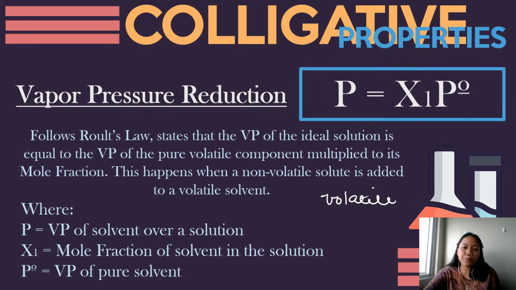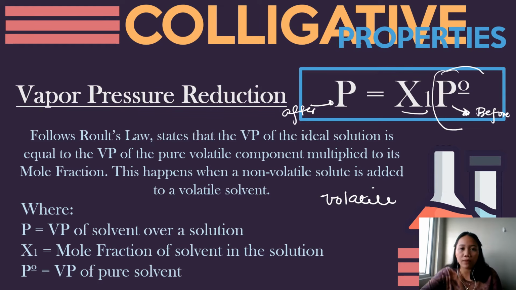So that means P prime is the vapor pressure before adding a particular non-volatile solute, and this P that we have here is the one after. It is simply the multiplication of your P prime, the pressure before adding a solute, and the mole fraction of the solvent.